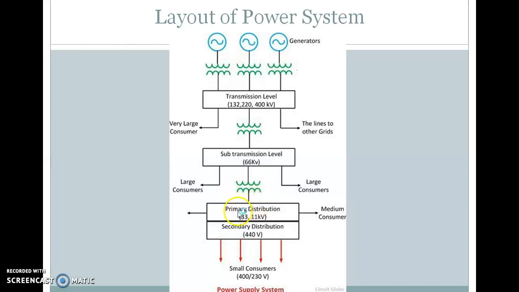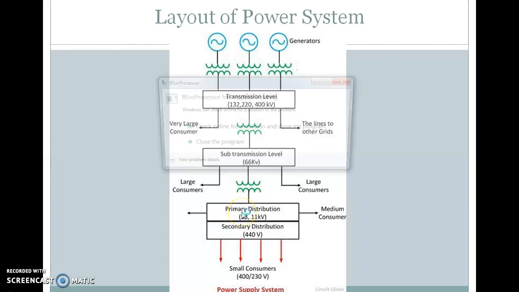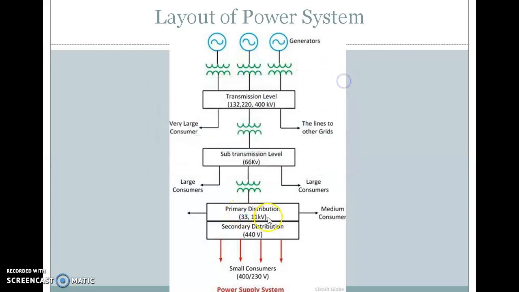Okay, so in the distribution part there are two distributions, primary distribution and secondary distribution. The voltage level of primary distribution is 33 and 11 kV, whereas the secondary distribution voltage range is 440.